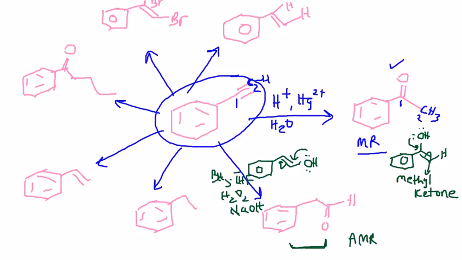So peroxide, BH3 is the only method that you know for anti-Markovnikov rule, in addition to the HBr addition with H2O2. So keep that in mind. That's a handy reference. Presence of H2O2 is anti-Markovnikov rule.